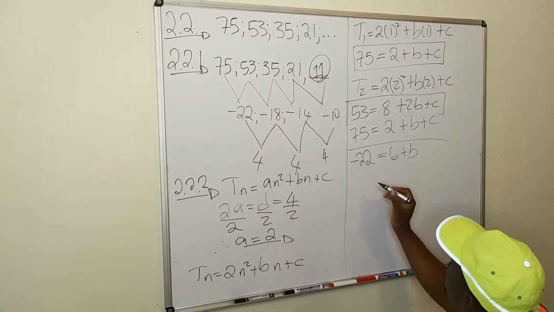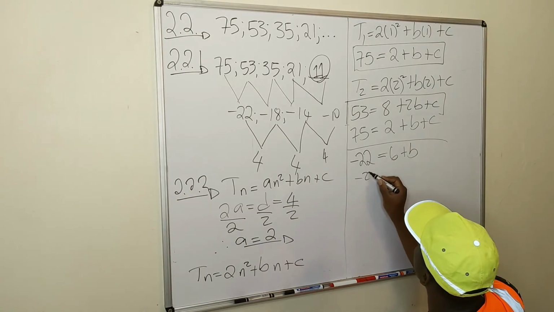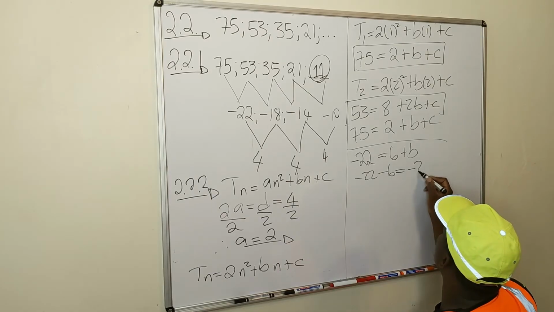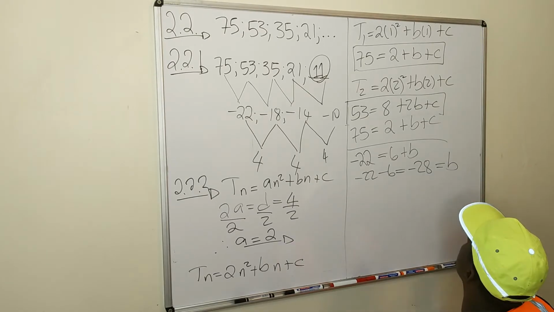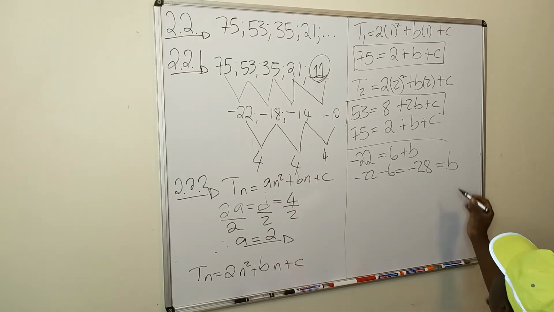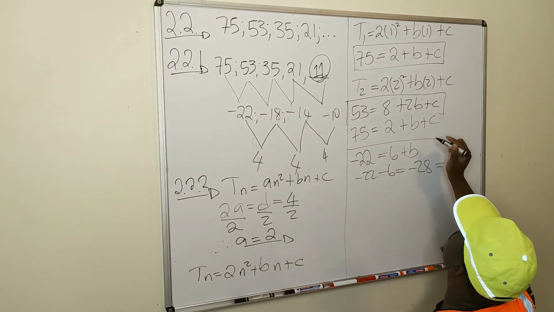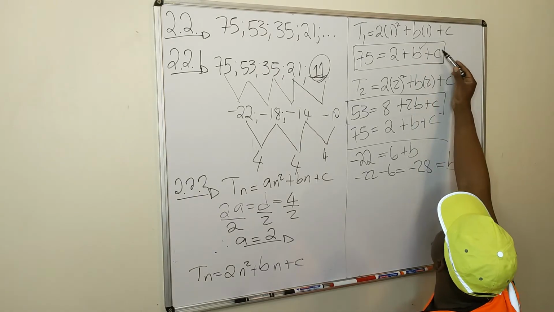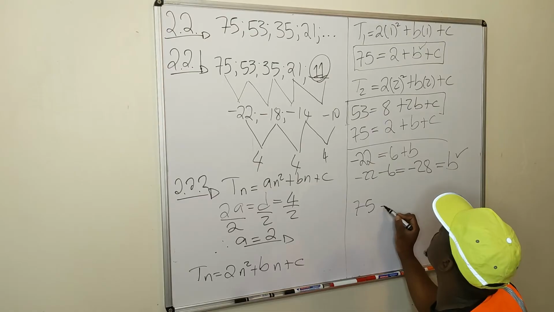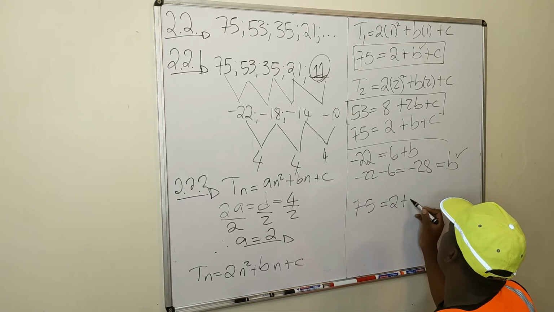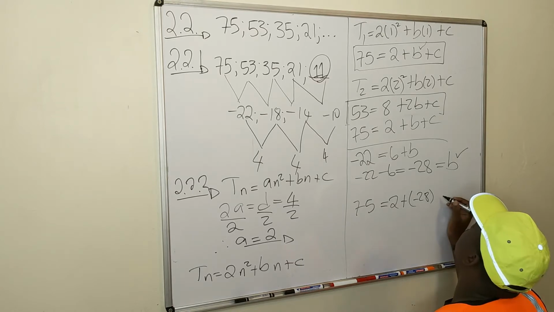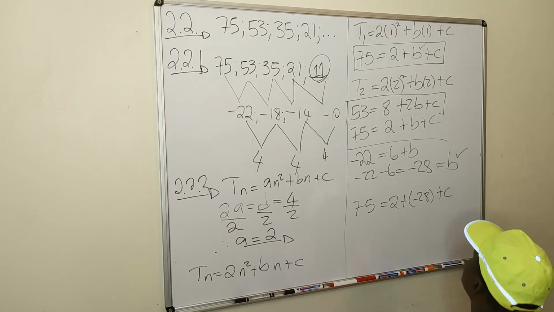Then transpose the 6 to the other side. So you have minus 22 minus 6, which is equal to minus 28, and that is your b, right? Now you only miss c. So 75 is equal to 2 plus b, which is minus 28, plus c.